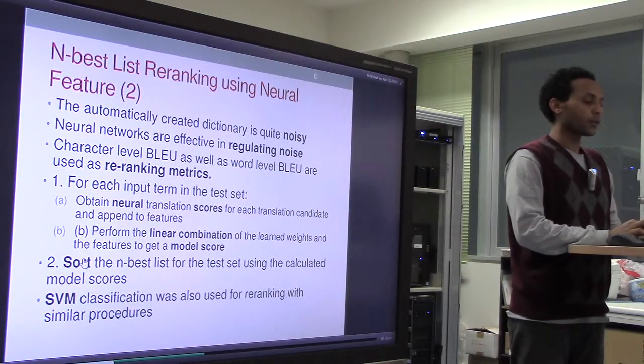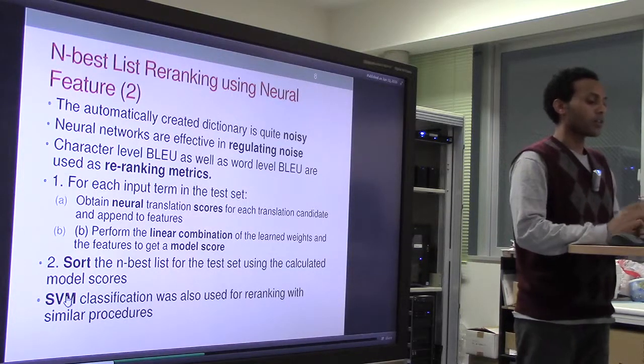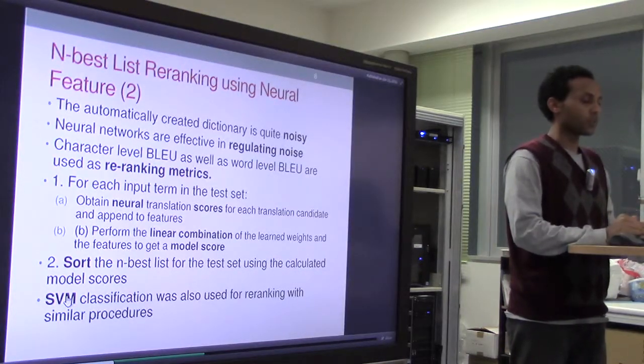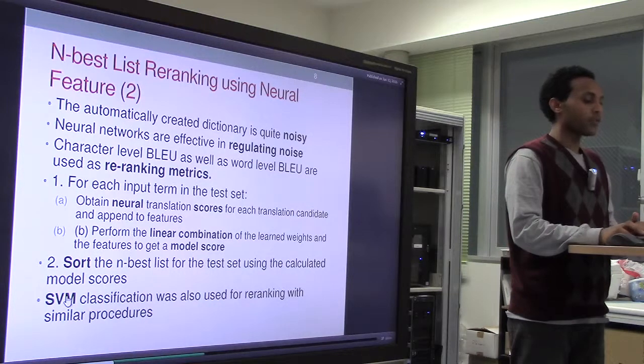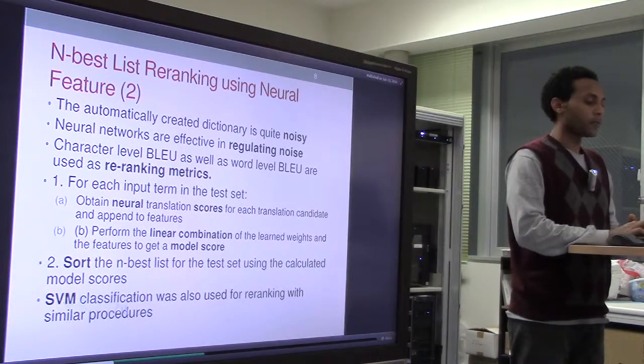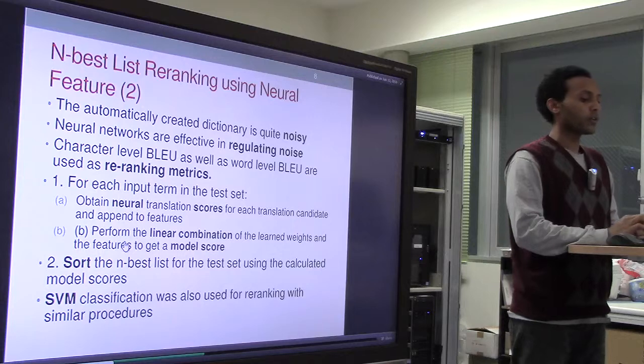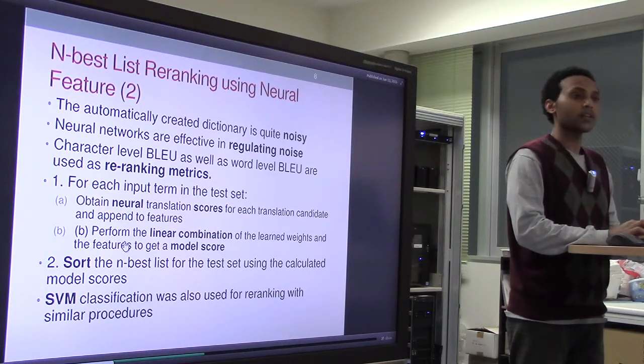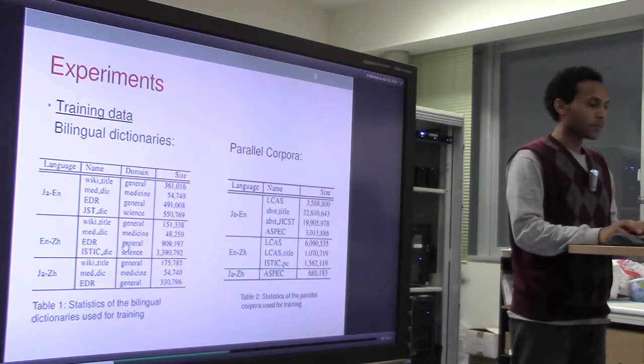They also tried SVM-based classification for ranking using similar procedures. But the result of the neural network ranking procedure was better than the SVM results.